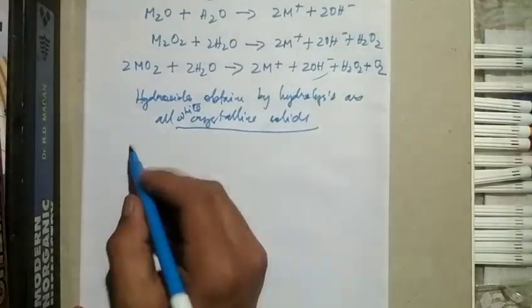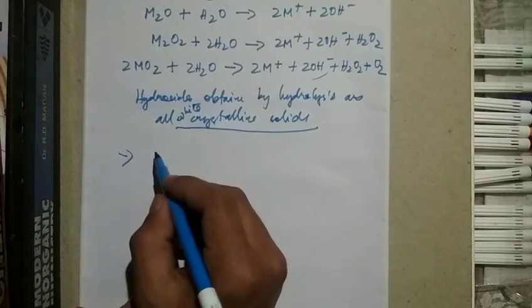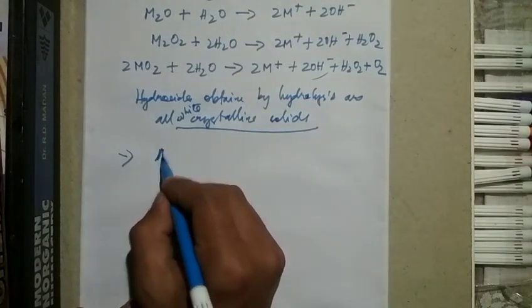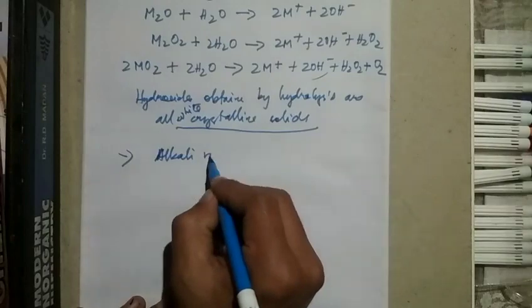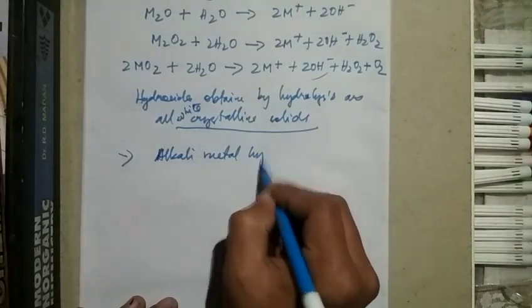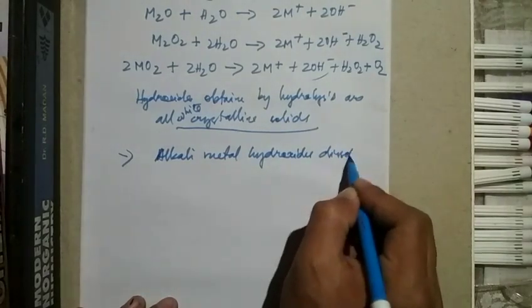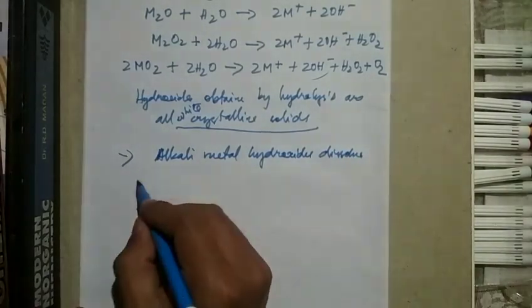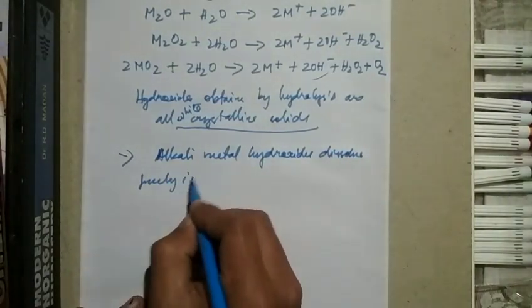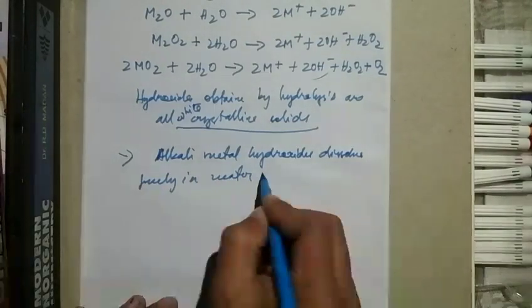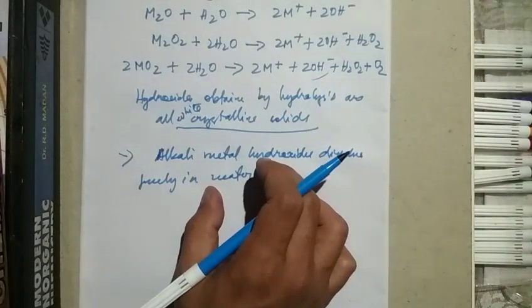So the hydroxides of alkali metals, metal hydroxides, dissolve freely in water. So they can be dissolved in water.